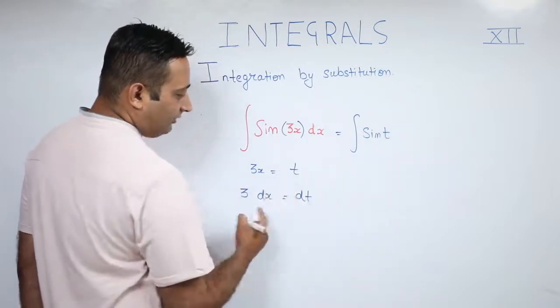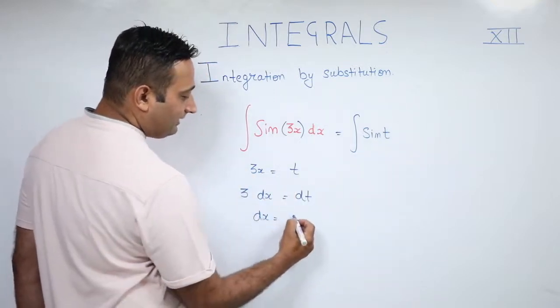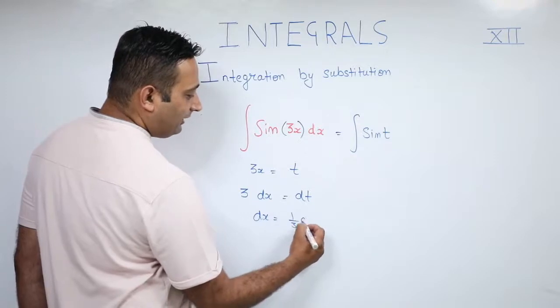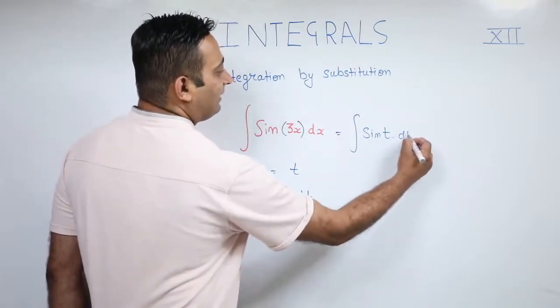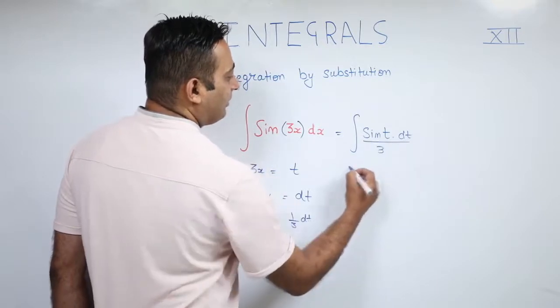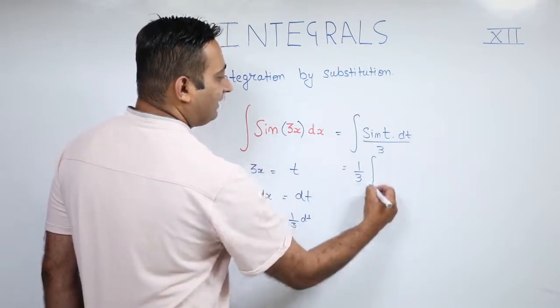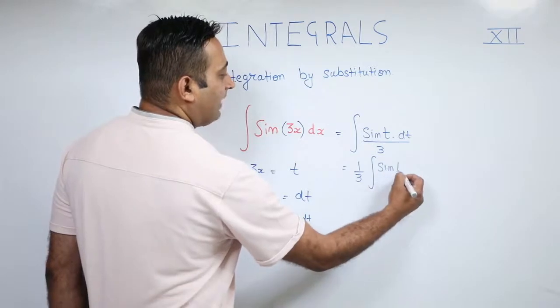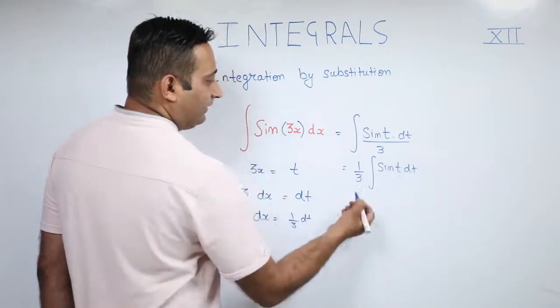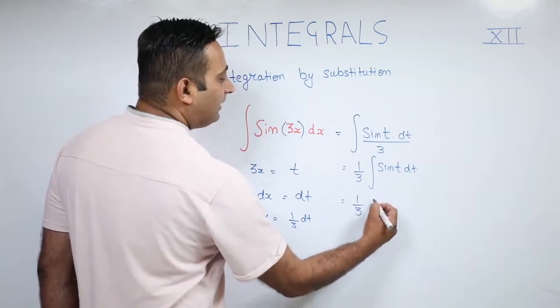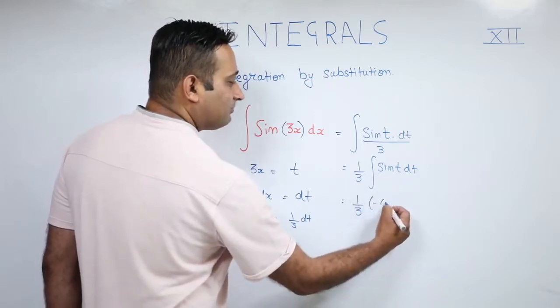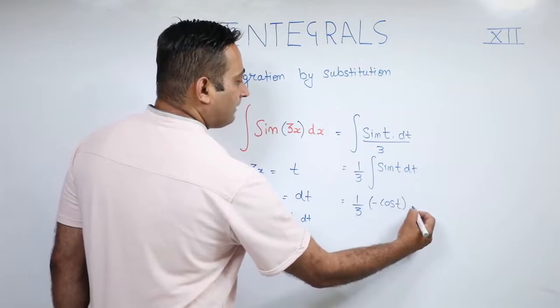Now, dx is equal to 1 by 3 dt. So, we can write it as sine t dt by 3. So, now we can find the integral of sine t dt with respect to t. Now, the answer will be 1 by 3 into sine integral, which is minus cos t plus c.